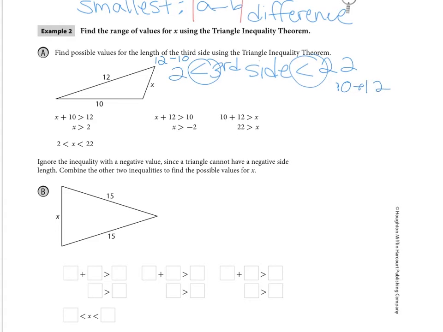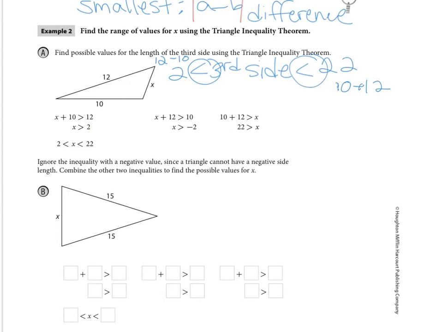It goes through and does all 3 different triangle inequalities. Let me just walk you through that. It says x plus 10 has to be greater than 12, true. X plus 12 has to be greater than 10, true. And 10 plus 12 has to be greater than x. So that's just using the 3 different inequalities from the triangle inequality theorem. Then it solves these inequalities algebraically.